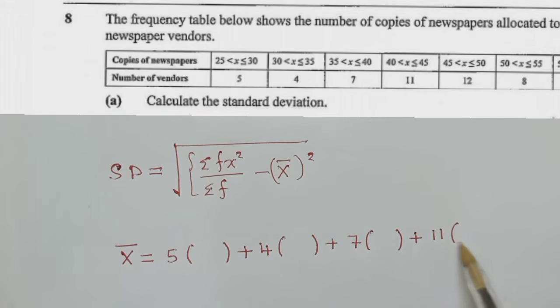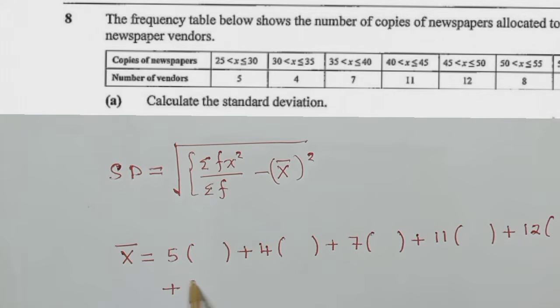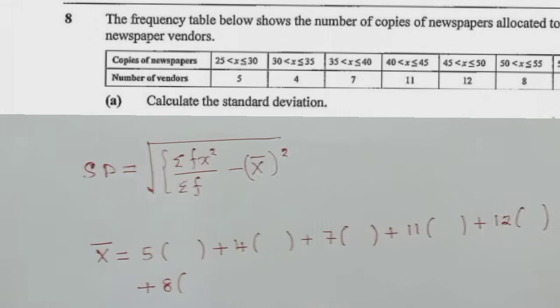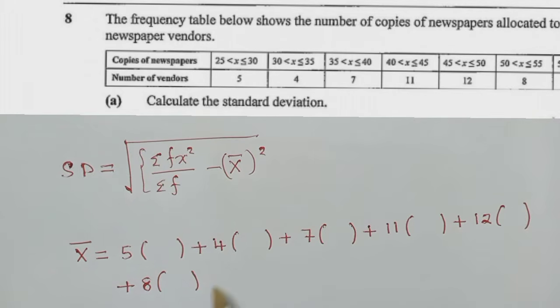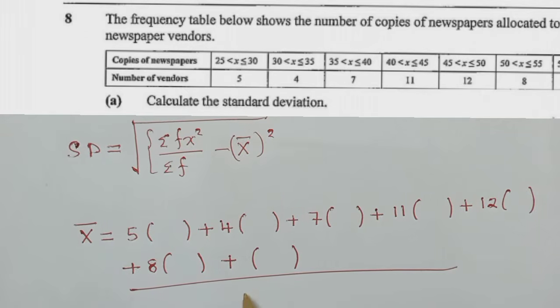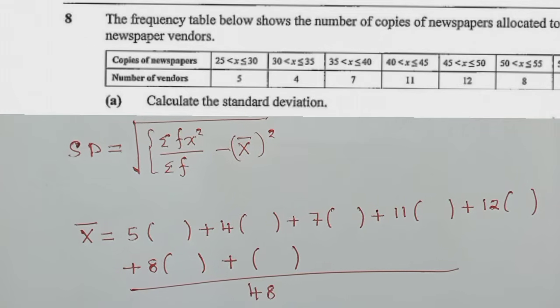Yes, you have 11 here, plus we've got a 12, plus 8, plus a 1. For 1, we just put the brackets. Now everything that we have right here is over the total number, which is 48.